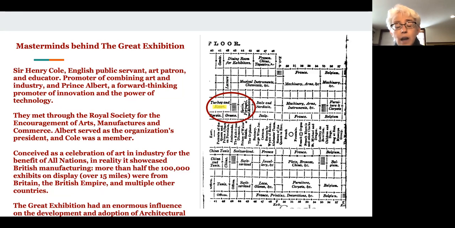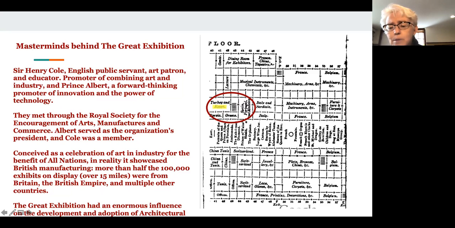It had over 100,000 exhibits that, if you went up and down all the aisles, covered over 15 miles. And it also incorporated, as we see in this map here, geographically organized presentations. So we have Turkey and Egypt, Persia, Greece, next to Spain, Portugal. But then down here we have China, Tunis, Switzerland.